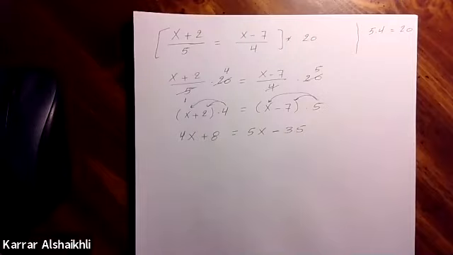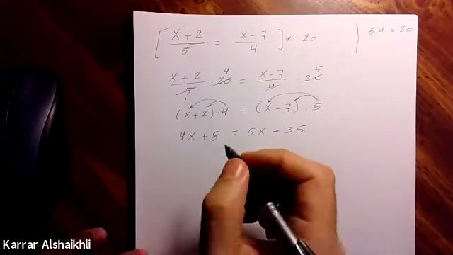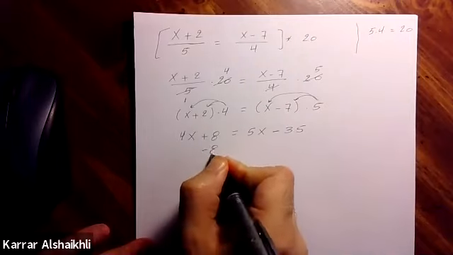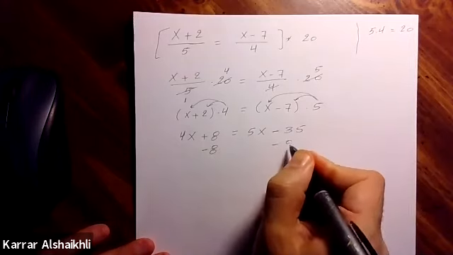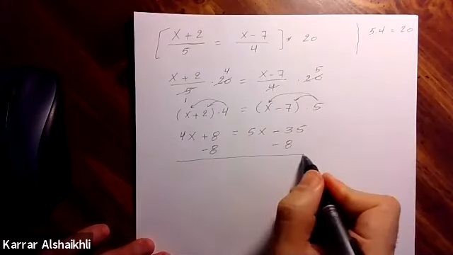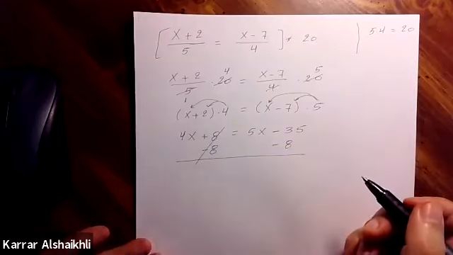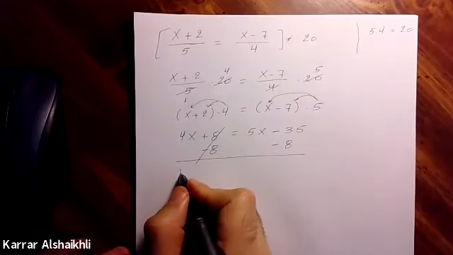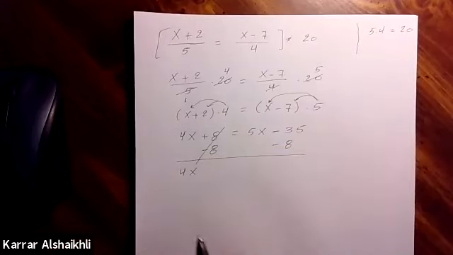Now, this is just a linear equation. We're going to move the variables to the left side and the numbers to the right side. So I'm going to say minus 8 here. Cancel here. The leftover is 4x.